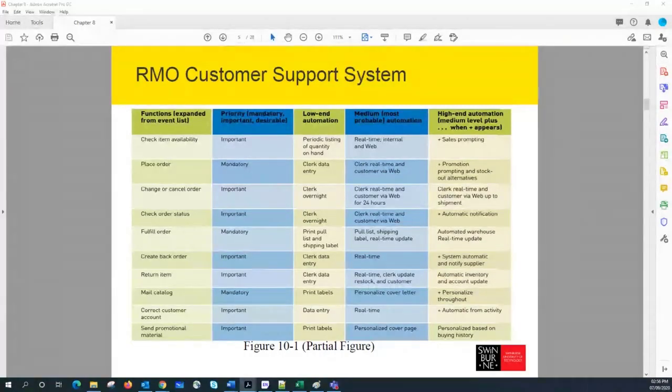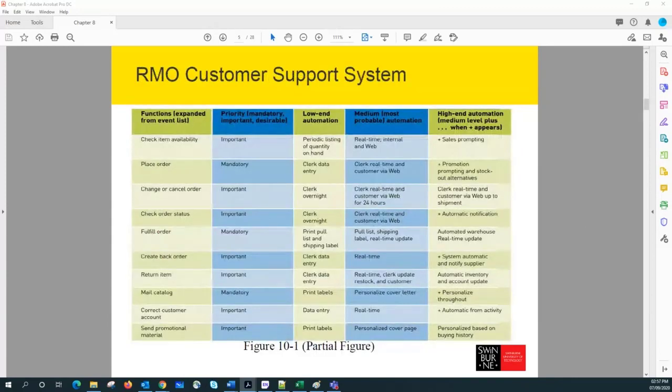In other words, it's an overview of the function, the priority of each function, and the various methods to implement each function at different levels of automation. That is our main objective at this level, because then we can go to a more detailed level later on.